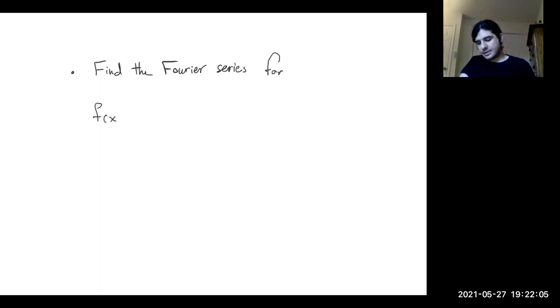Suppose f of x is equal to, let's say, minus 1 for x from minus pi to 0, and is equal to 2 for x between 0 and pi. Find the Fourier series for this function.